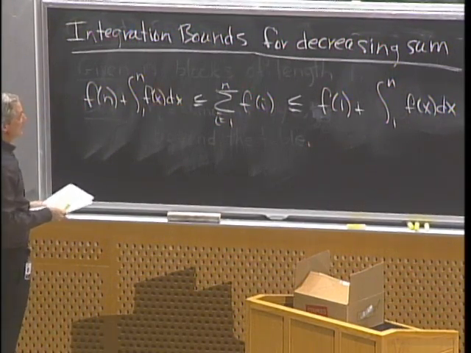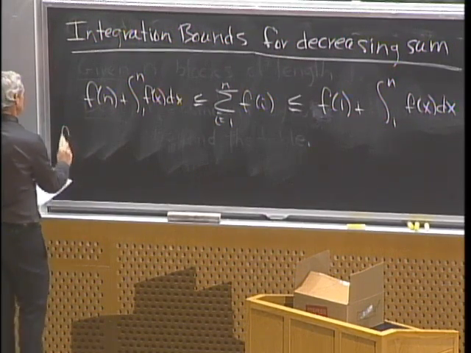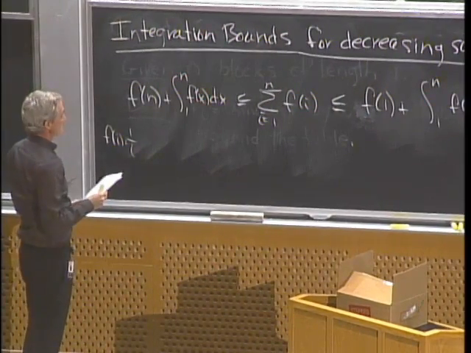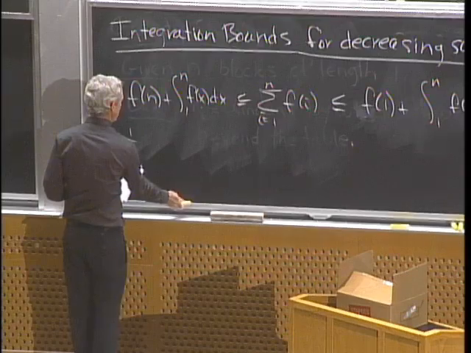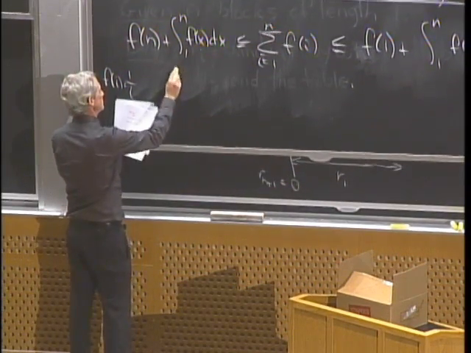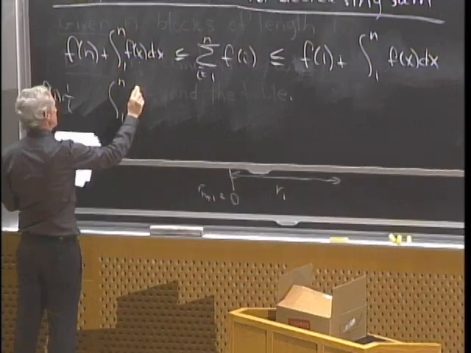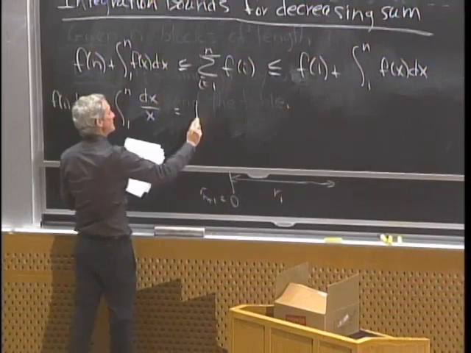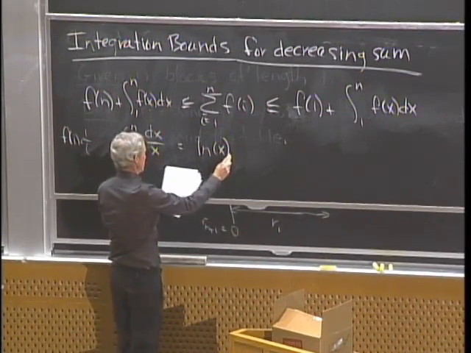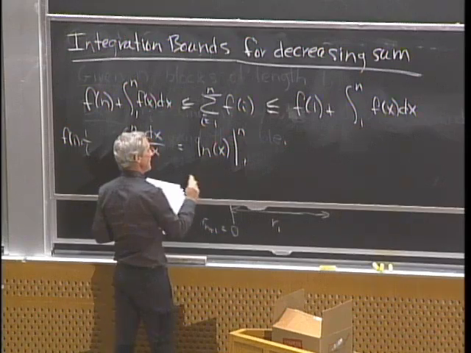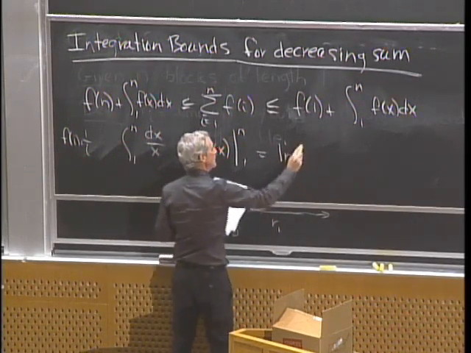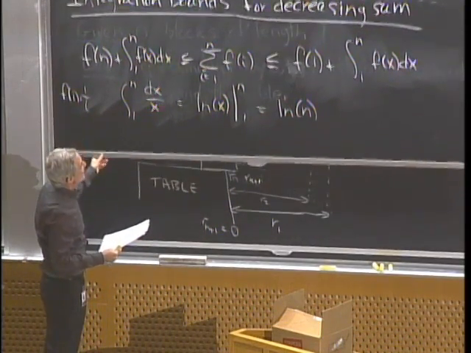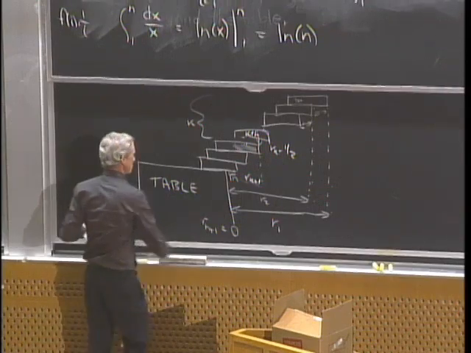All right, in this case, we have f of i as 1 over i. So the first step is to compute the integral. And that's pretty easy. That's just the natural log of x evaluated at n and 1. And that's easy. That's just the natural log of n. So the integral is very easy here. And now we actually can just plug in and get really good bounds.